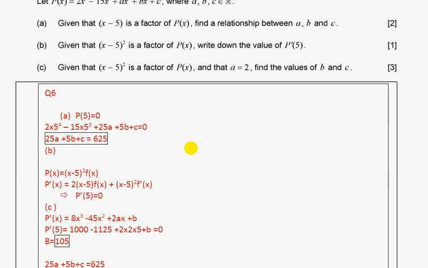So, because x minus 5 squared is a factor of p, we can find a value of b.